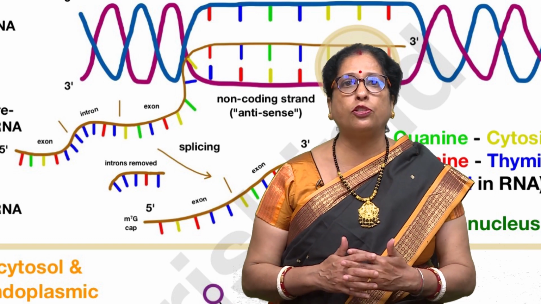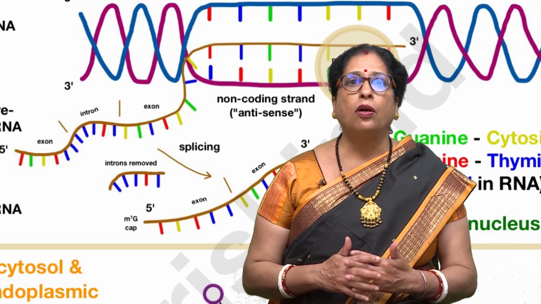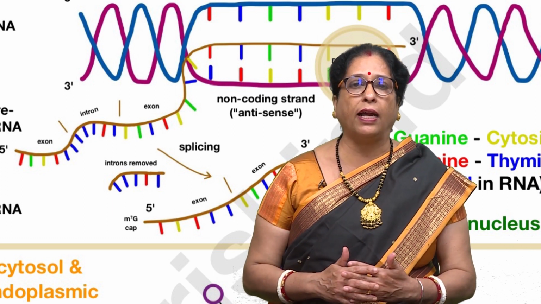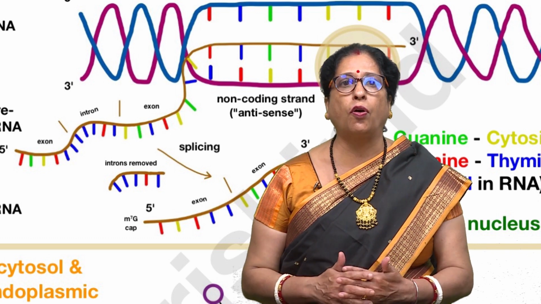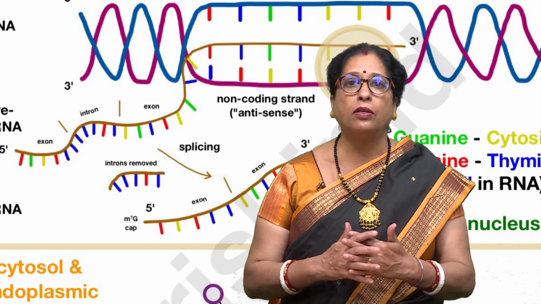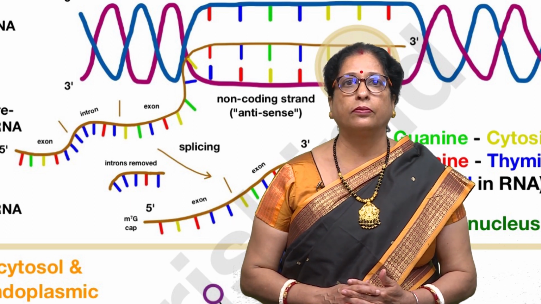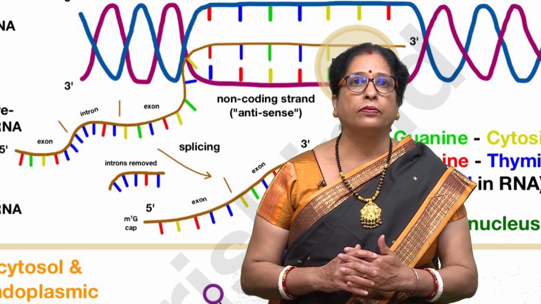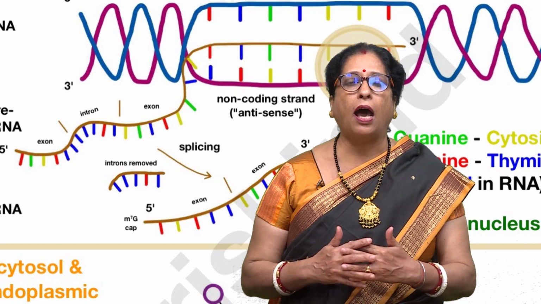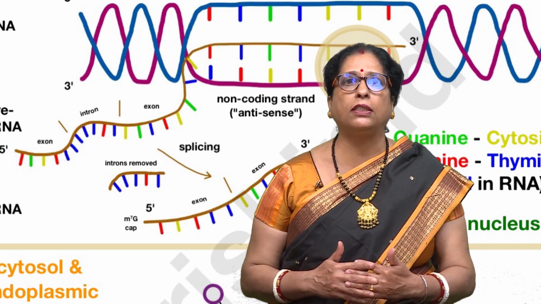RNA polymerase 2 requires an array of other proteins called transcription factors, that is TFII, in order to form the active transcription complex. Eukaryotic RNA polymerases, you can see here all three.